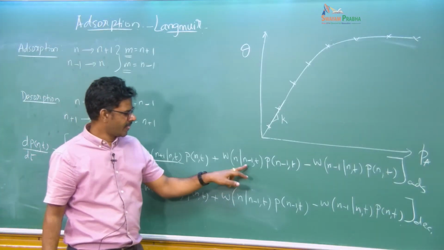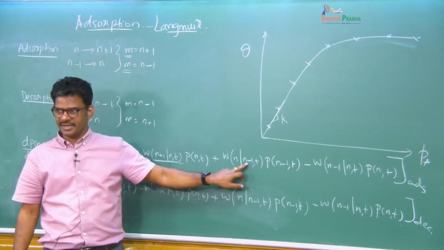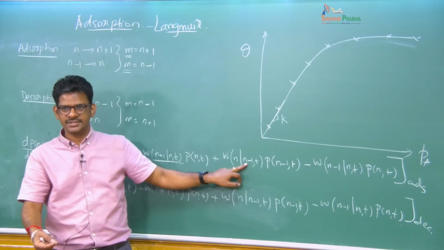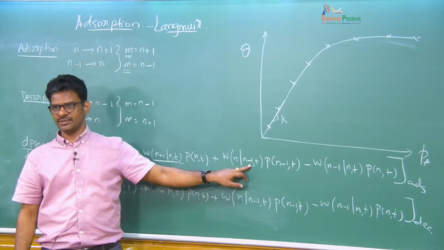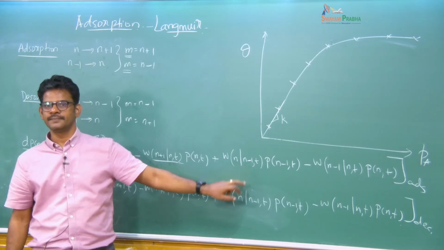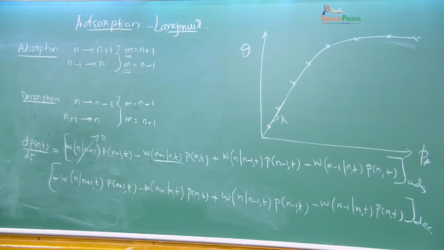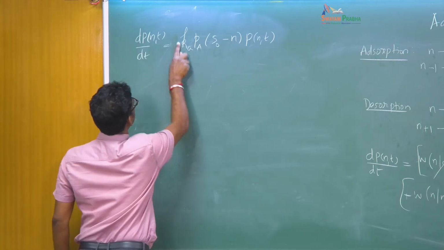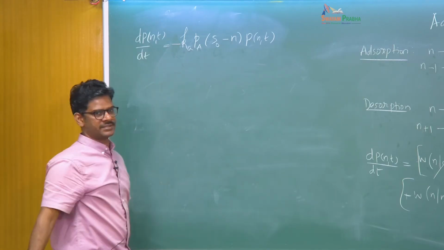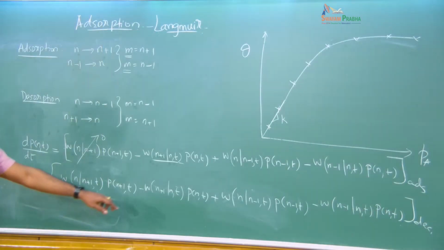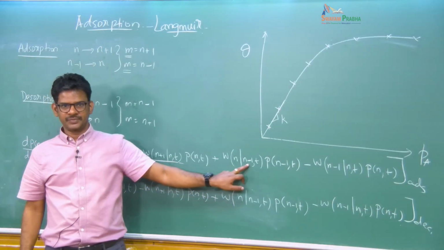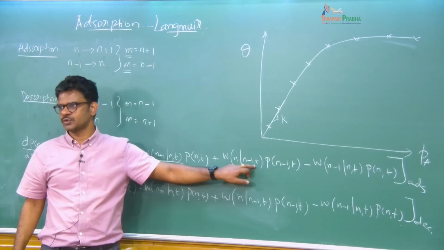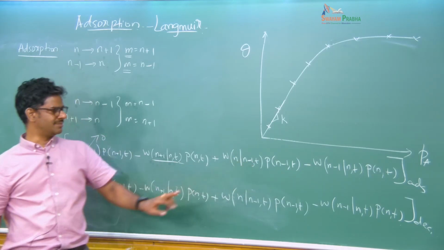What about this? Can we have a system at n minus 1, an adsorption event happens, and then it leads to n? Is it allowed? Yes. There's going to be a minus, yes, you are right, there has to be a minus. The system is at n minus 1, adsorption happens and it goes from n minus 1 to n. Is it permissible? Permissible. What about the rates?